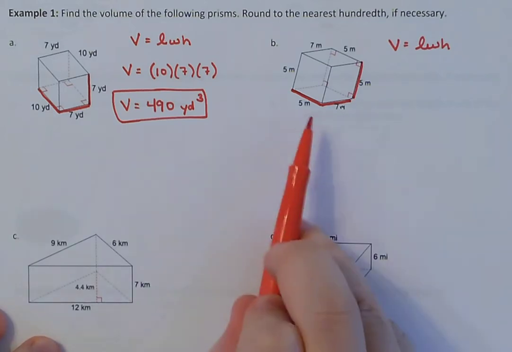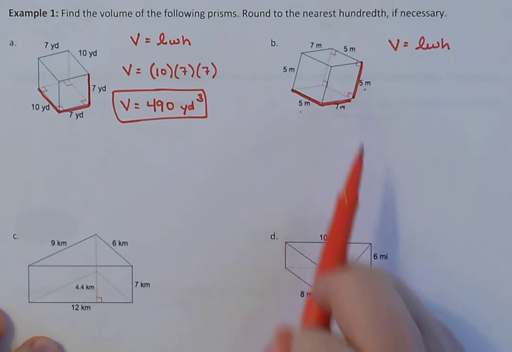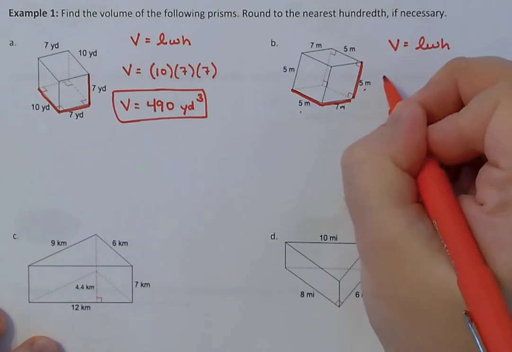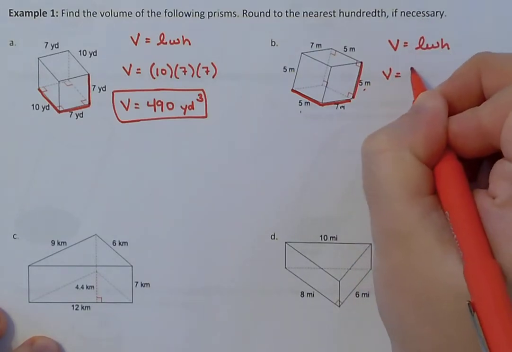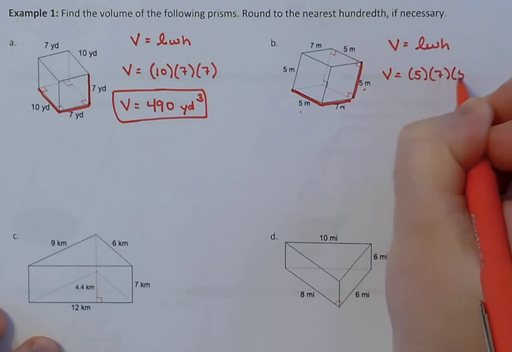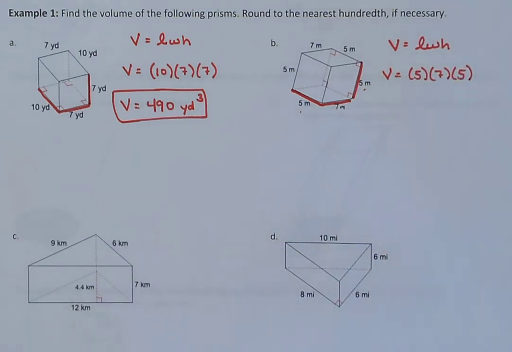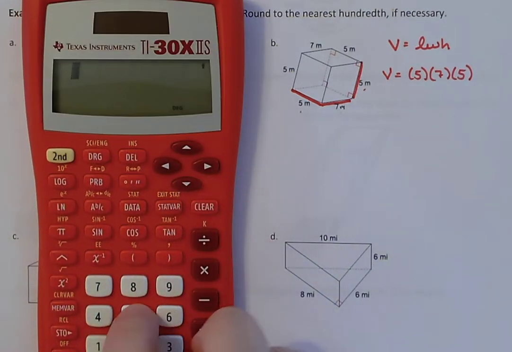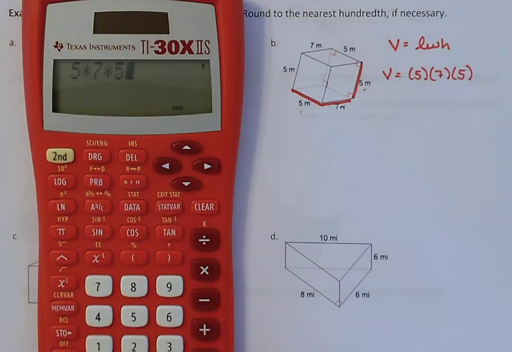So now that I have my length, width, and height, all we have to do is plug those into the formula and then multiply them all together. So we have 5 times 7 times 5. And when we multiply all that together, we end up with 175.